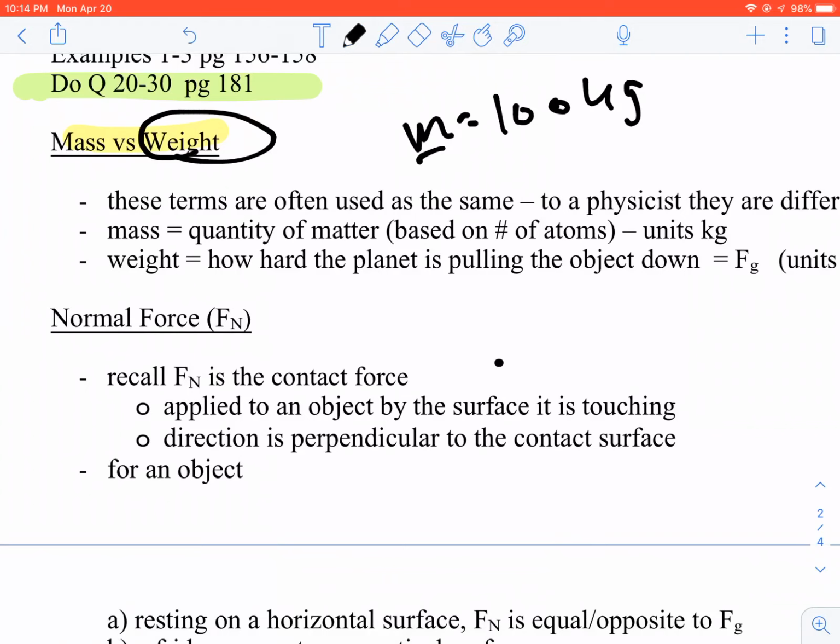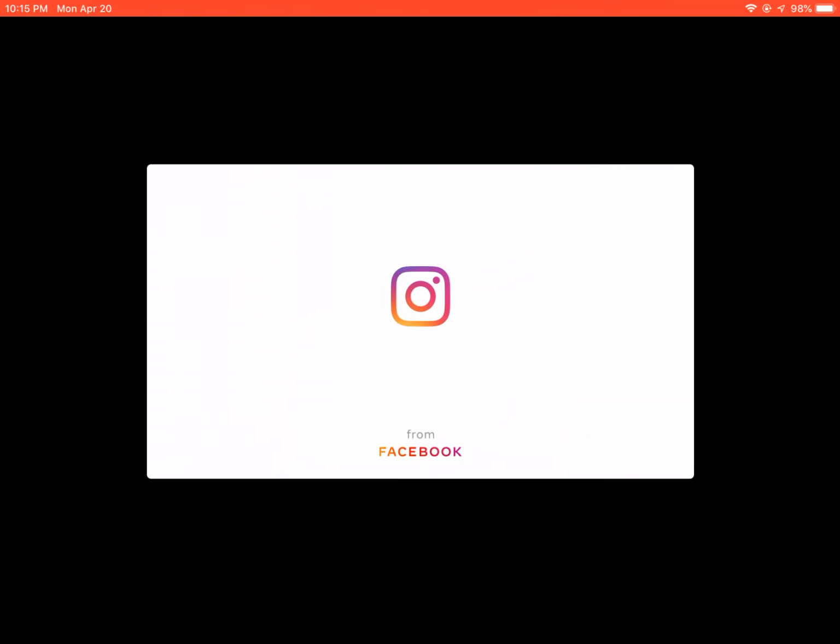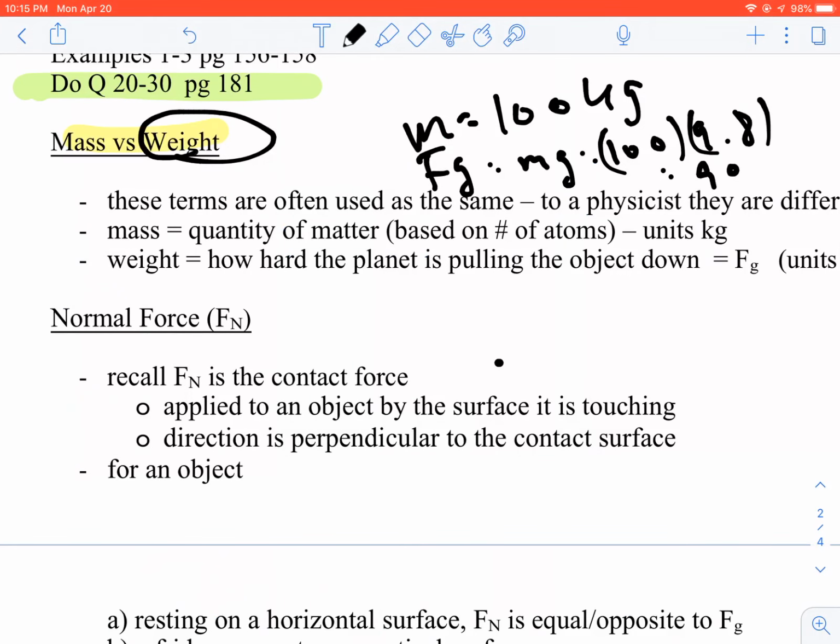They'd say, well, my weight is 900 newtons. That is my weight. No, that's a force. Exactly. Weight is a force. Weight is telling me how hard the planet is pulling down on you. That is your Fg.